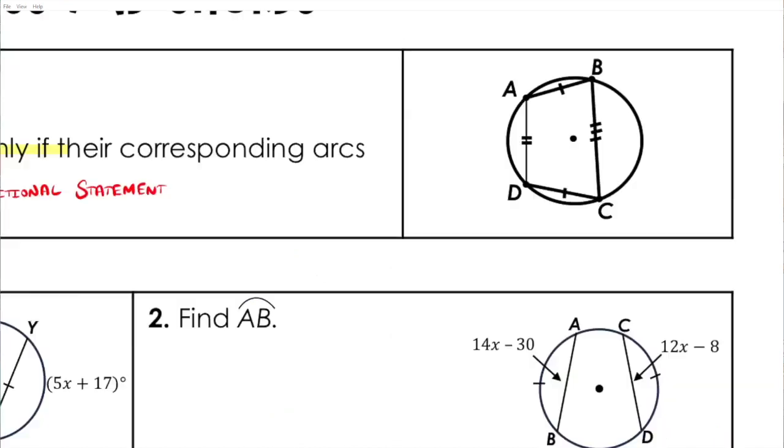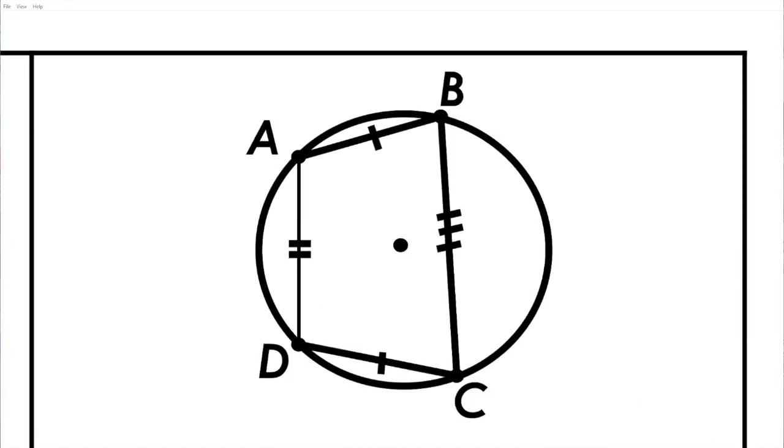So if you see this first diagram, AB is congruent to DC, so that means arc AB is congruent to arc DC. And then we can say the same thing for AD here. As long as segment AD is congruent to segment BC, then their corresponding arcs are also congruent.